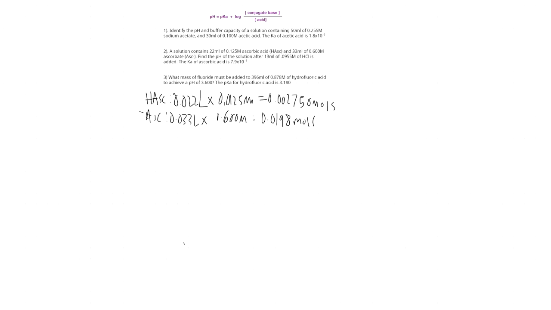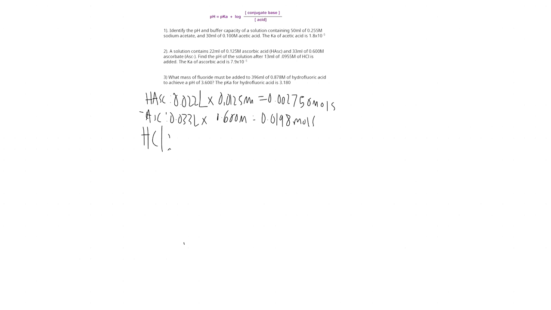In this case, it's not excess of HCl, it's all going to be used up, right? So however many moles of HCl we added is how many moles of HCl will react with ascorbic acid or ascorbate.